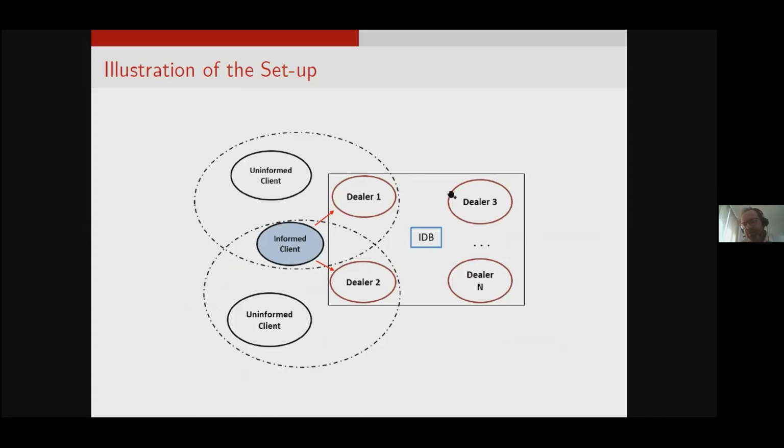And then you have other dealers, up to 20, as is realistic for the actual market functioning, but we do not model the clientele base of those dealers. The question is how the expected profit of a given informed client changes when it has two dealer connections as opposed to one, depending on how many inter-dealer brokers there are in the market, or depending on how volatile the asset fundamental is.